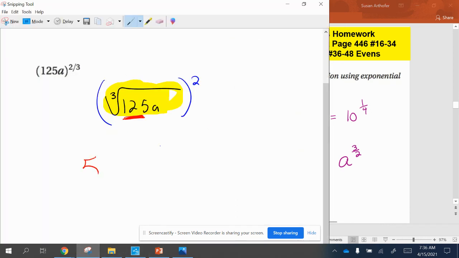So out comes 5. And then what about cubed root of a? You can't do that. And then we bring down the square. Okay. And that's all you have to do.